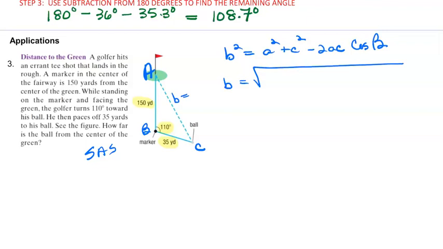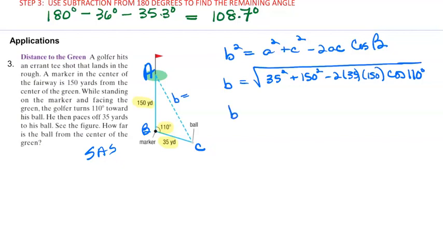So my a side is 35 squared, my c side is 150 squared, minus 2 times 35 times 150 times the cosine of the given angle, which is 110 degrees.